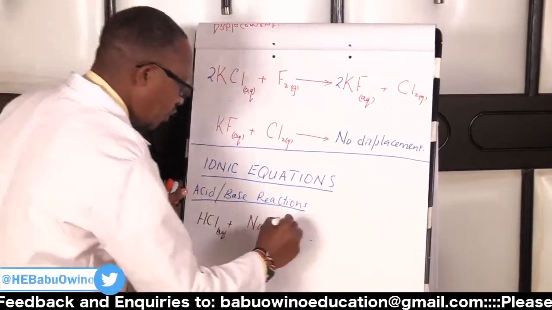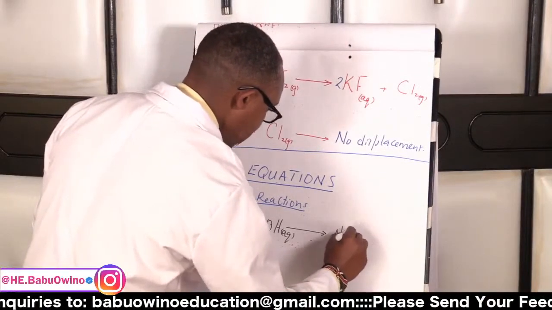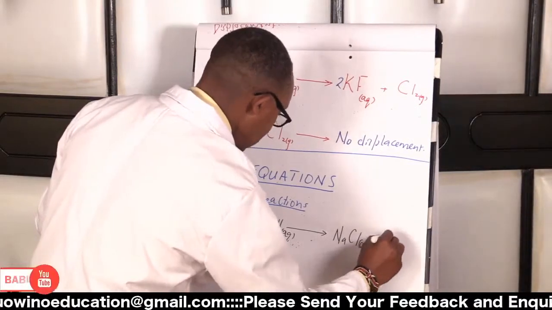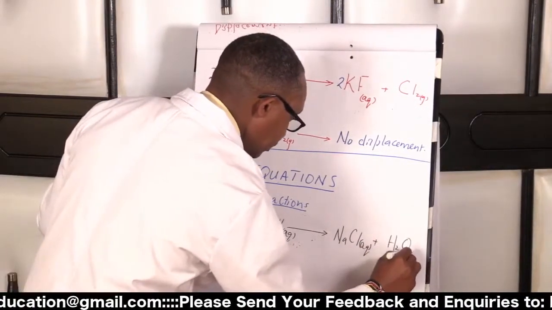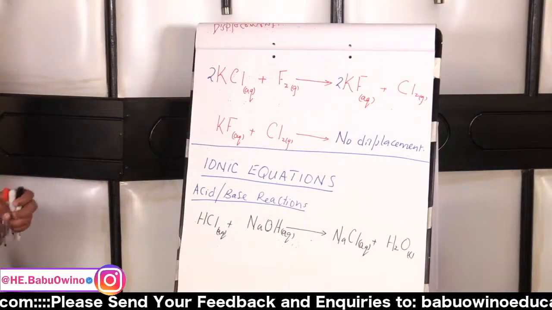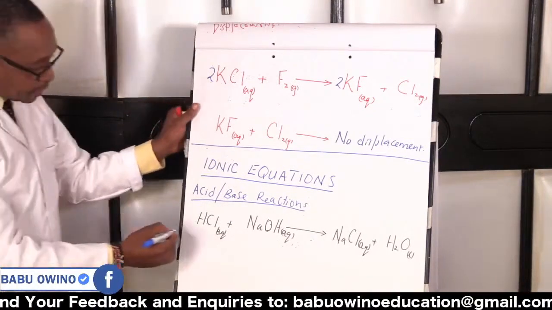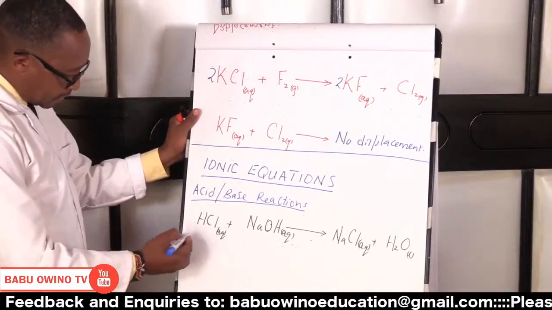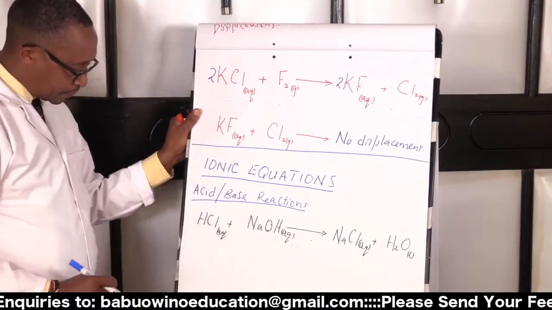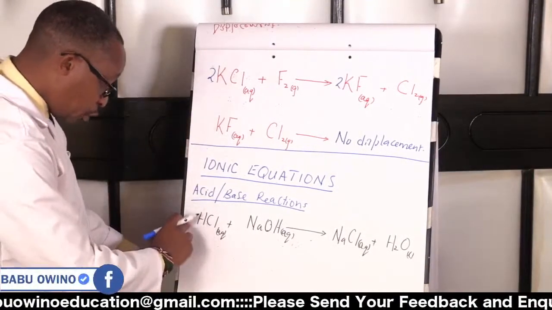The first thing to do is state symbols, and then you write sodium chloride plus water. In ionic equations, you have to write these species as they would appear in water. So when this one has gone into water, this and this will separate, but will not divorce.